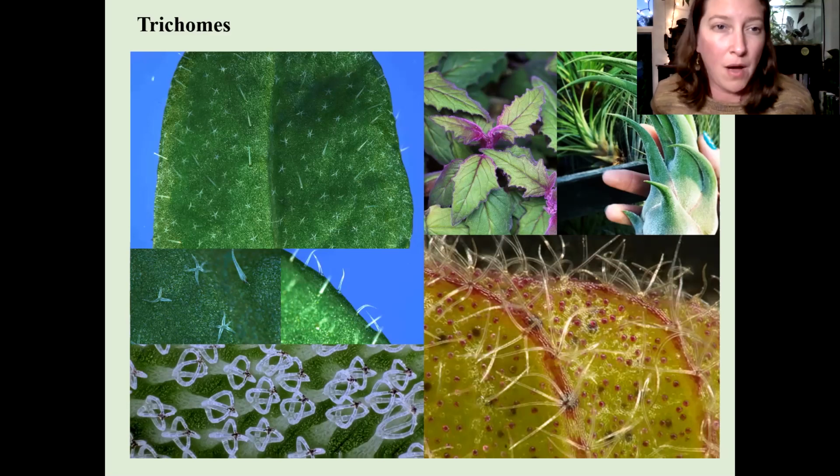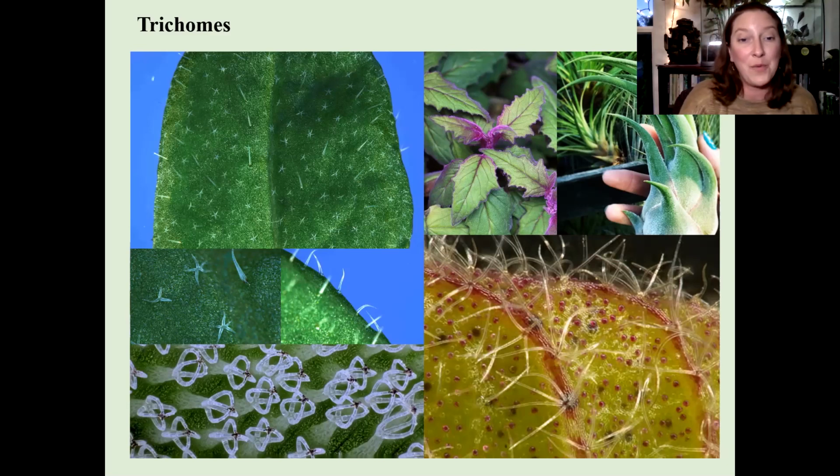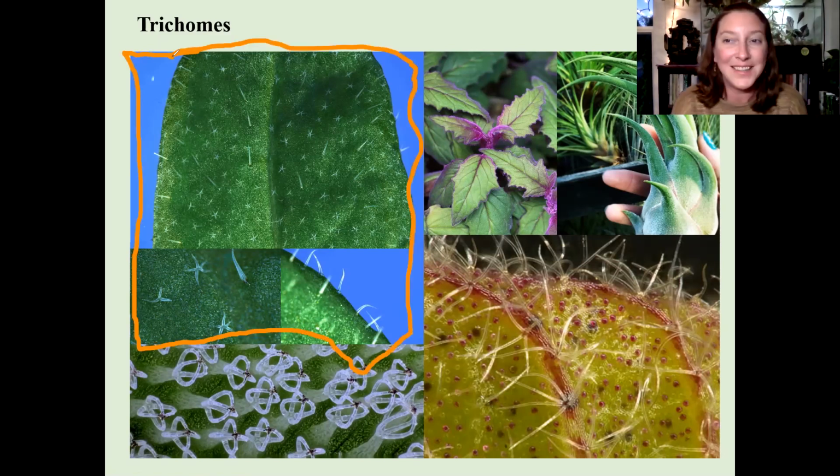Yes, when we were talking about epidermis, we talked a little bit about trichomes. I will say some of these are under a dissecting microscope. For this one up here and these that I'm putting an orange box around, I took those pictures. That's my study species, Capsella bursa-pastoris.